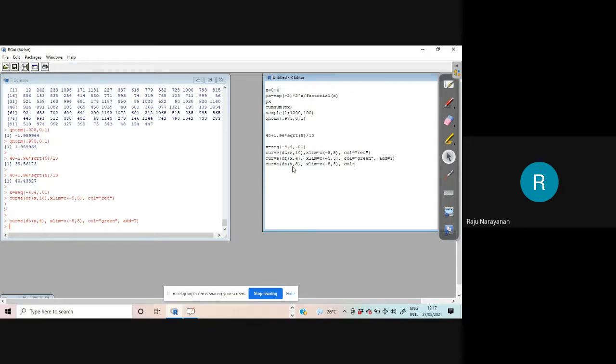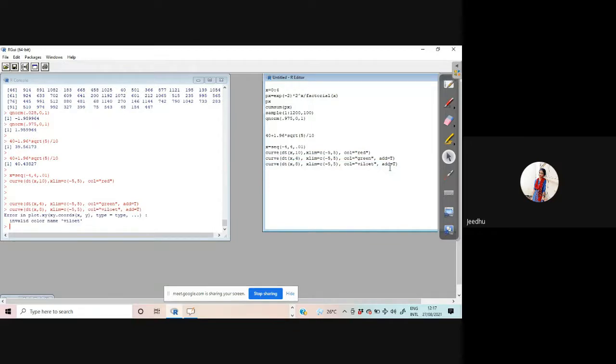Color is equal to violet. Add is equal to true. Okay. I select that alone, so that will be added. Violet is the spelling. Yeah, violet is correct.